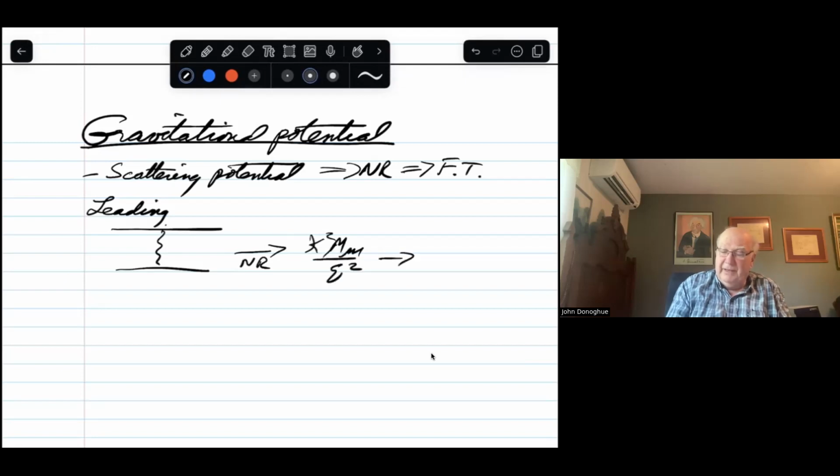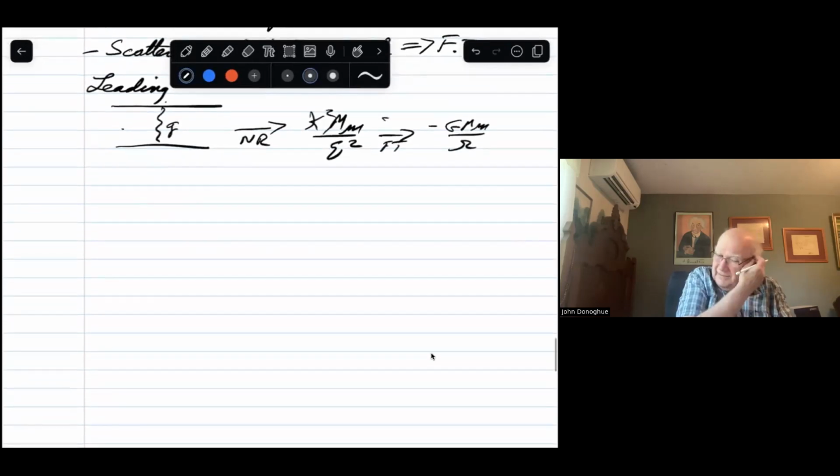You Fourier transform that, you get the G m m over r potential. So we get, using QFT, the graviton potential. Now, next order, we're going to go through this using effective field theory logic. Next order, there are these local terms.